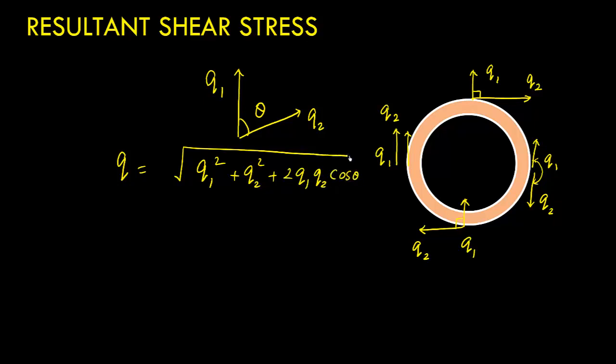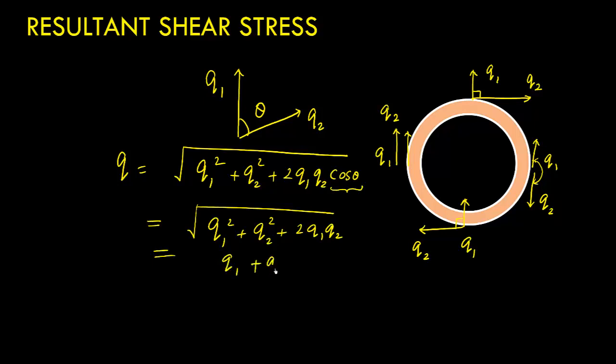Now the maximum value of the resultant shear stress will occur when cos theta equals 1, or in other words when theta equals 0 degrees, and that maximum value will be the square root of Q1 square plus Q2 square plus 2 Q1 Q2, and that is nothing but Q1 plus Q2. So this is the maximum shear stress that we'll have. So this is the maximum value.